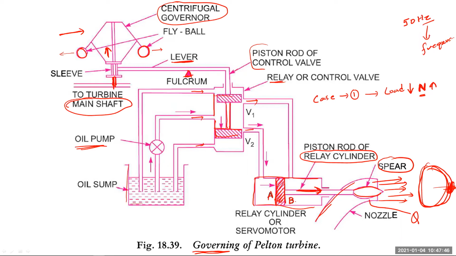Okay. So now, how to decrease this velocity? As I have told you, when the speed is increasing with the reduction in load. Oh, sorry. Again, my pen is not working.